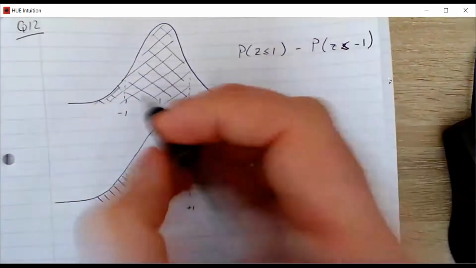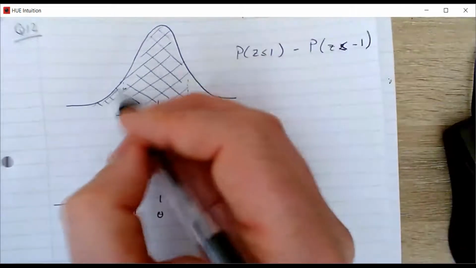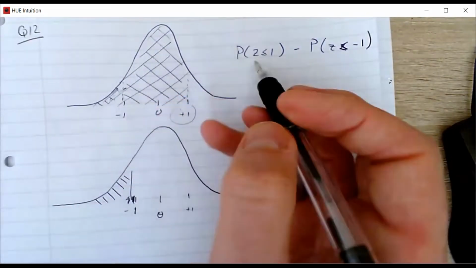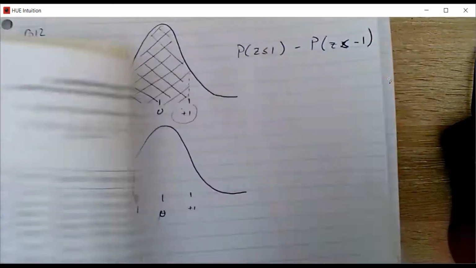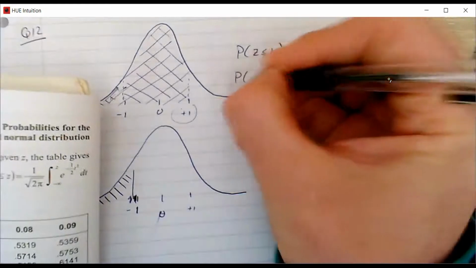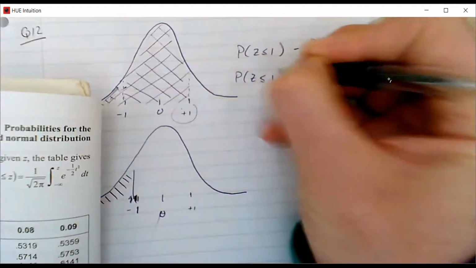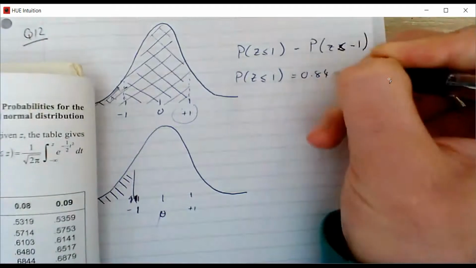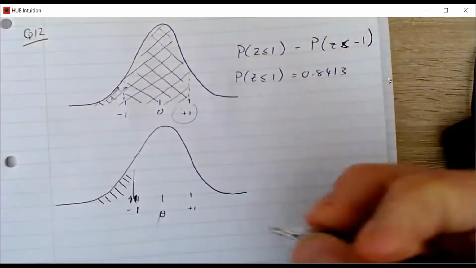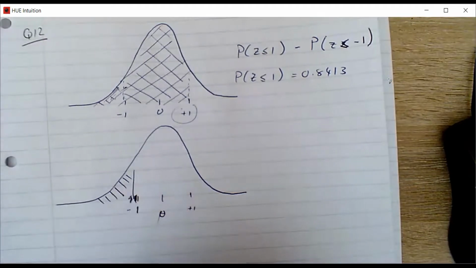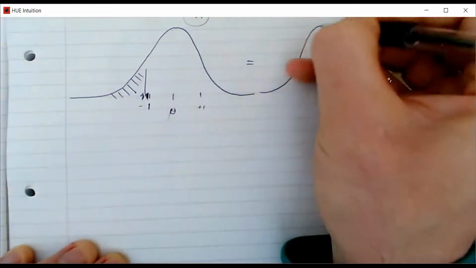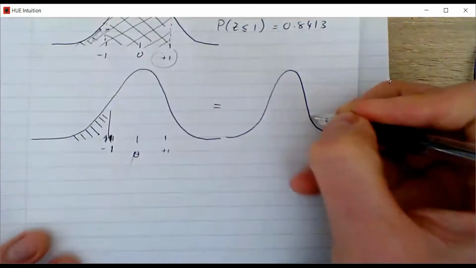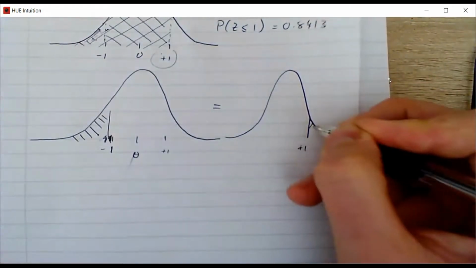Okay, so if I look up initially my log tables, I say, well, the total shaded area, including this extra bit here, the probability that z is less than 1 is 0.8413. So that's the probability that z is less than or equal to 1, 0.8413. Whereas down here, this small bit here, well, the log tables don't tell me that. But remember, this is equivalent to the proportion who are greater than +1.